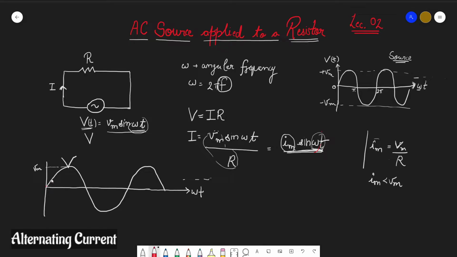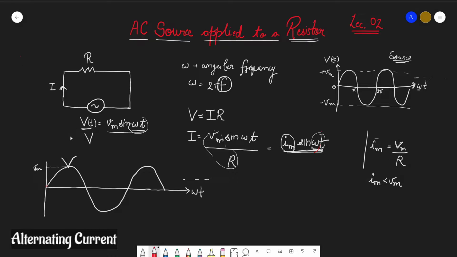If this graph begins from here, the current graph will also have its 0 point here, and when the voltage graph reaches maximum, the current will also reach maximum. Both will be in phase, like in the Republic Day parade, where all the people's hands and feet move together.